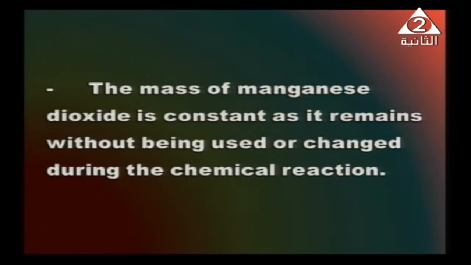The second question, what is the mass of manganese dioxide at the end of the reaction? The mass is constant, 5 grams, and it remains without being used or changed during the chemical reaction.